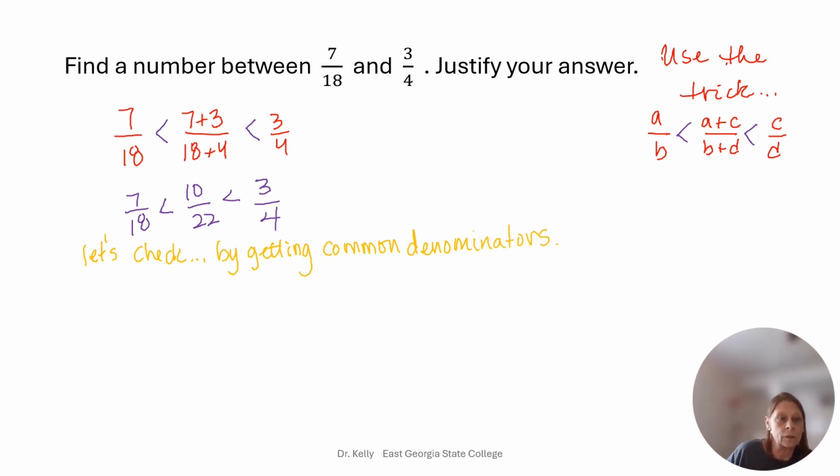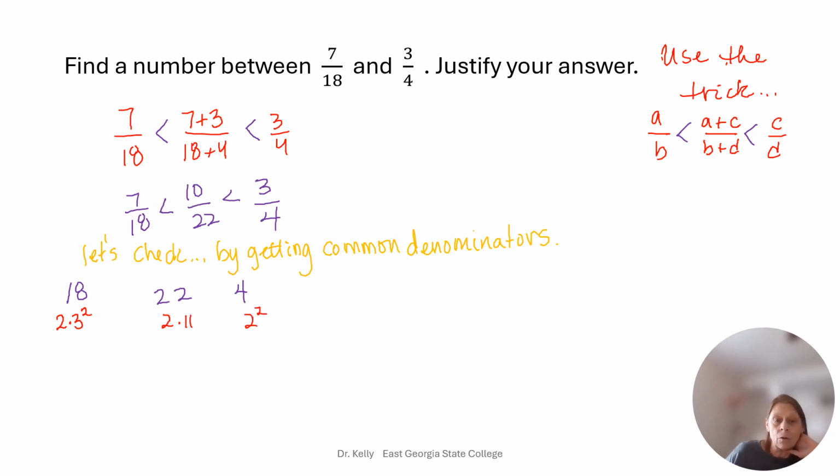So, first things first is I'm going to take my 18, my 22, and my 4, and get the prime factors of those. So 18 is 9 times 2, and 9 is 3 squared, so 18 is 2 times 3 squared. 22 is just 2 times 11. And 4 is 2 squared.